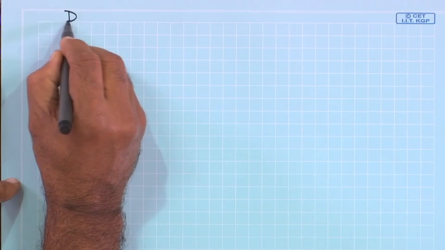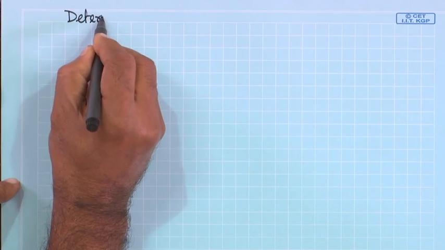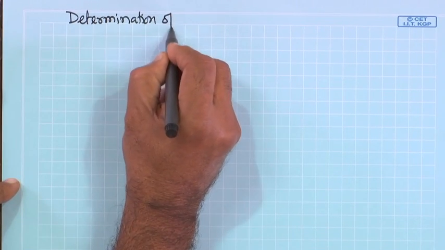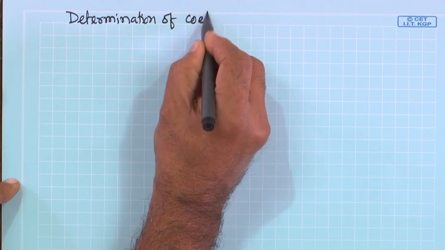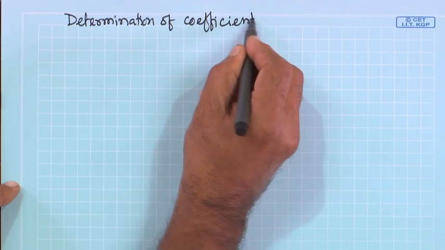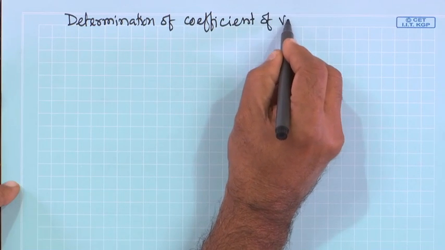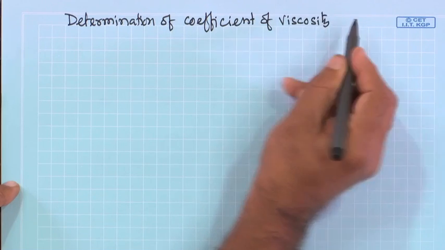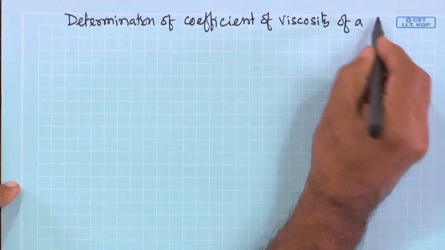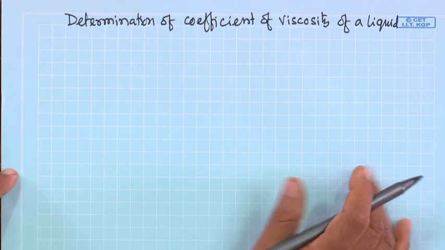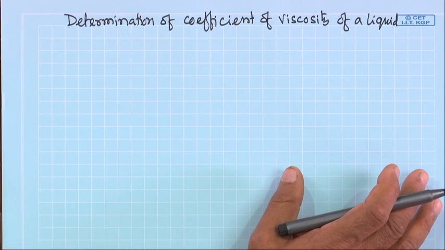So, basically our experiment is determination of the coefficient of viscosity of a liquid. So, basically in our laboratory we will measure the viscosity of water. Okay.